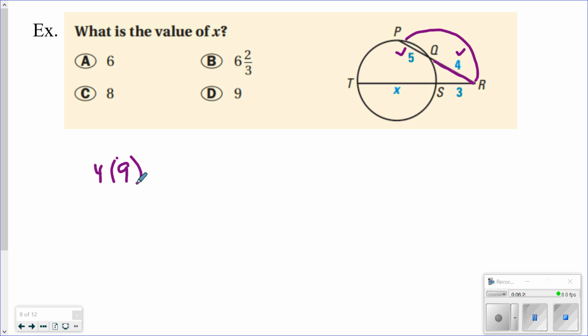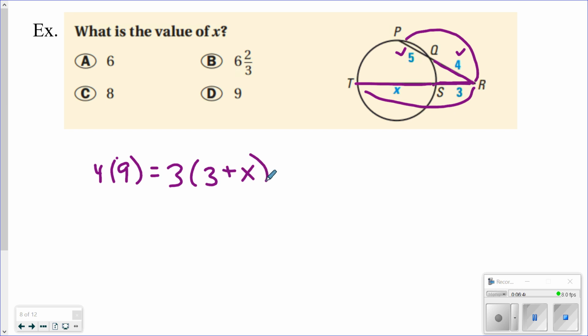So this is going to equal, now we need to multiply it by the other external segment, which is 3, times this entire segment length. Well, if part of it is 3, this part is x. The entire segment then would be 3 plus x. So let's simplify this.